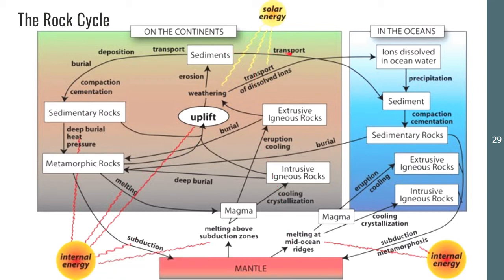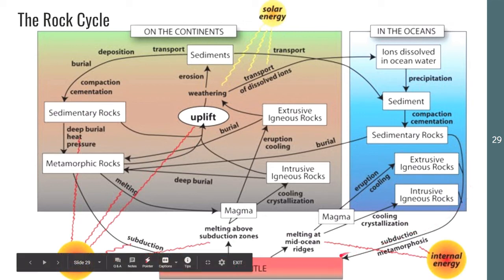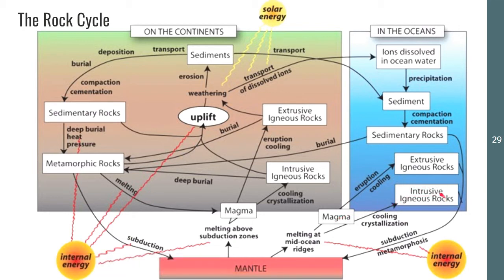Sediments that were transported into the bodies of water are still sediments, and they could undergo compaction and cementation to become sedimentary rocks, in which they can still be pushed through subduction deeper into the Earth's mantle. An underwater volcano could erupt and form magma, and when that magma cooled while still beneath the Earth's surface, we call that intrusive igneous rocks.